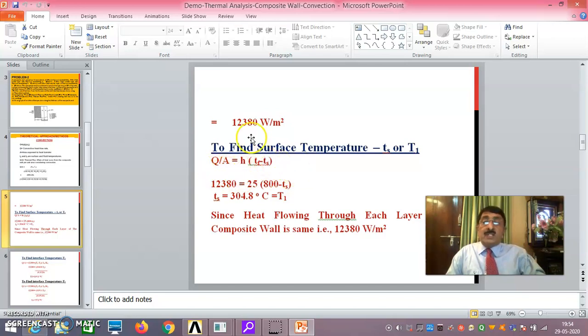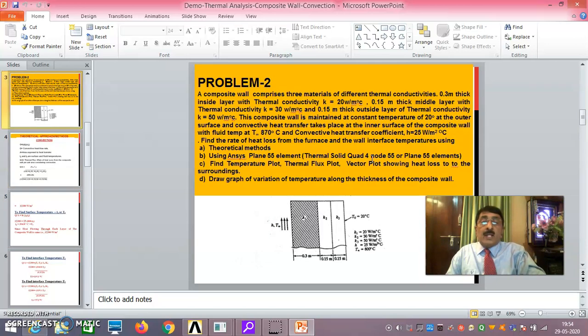Q by A we have just found to be 12380. The heat flow rate through each of the layers is the same from here to here, and finally it escapes to the atmosphere. That means heat loss to the surrounding is also 12380, and heat flowing through the different layers is also 12380 watt per meter square.